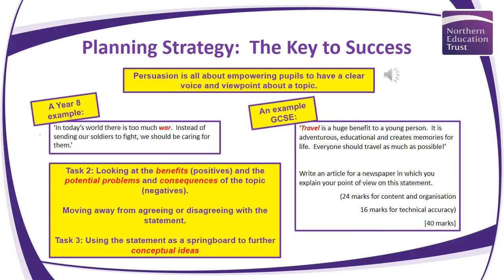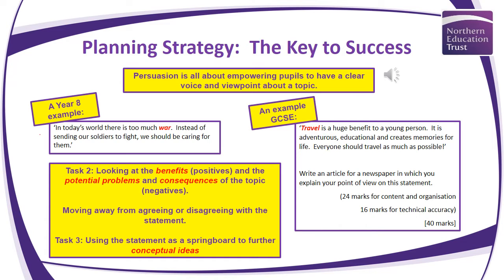The next layer to our planning strategy is to think about the topic that pupils are given, because remember that's also a potential barrier. When we are asking our pupils to write a piece of persuasion, we, or an exam board, are giving them the topic, and it could be a topic that A, they don't know anything about.